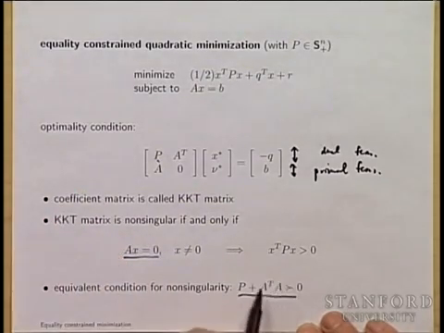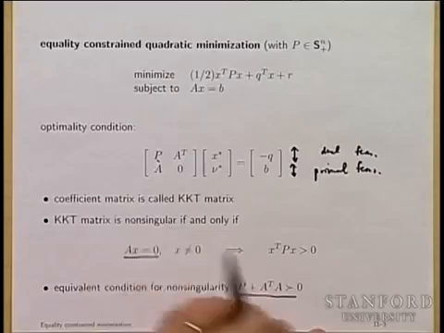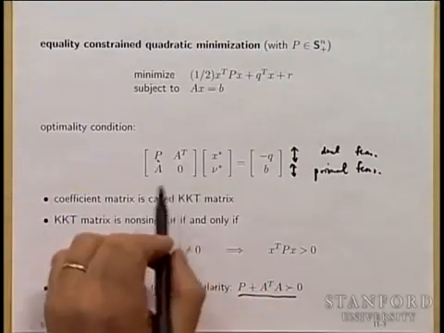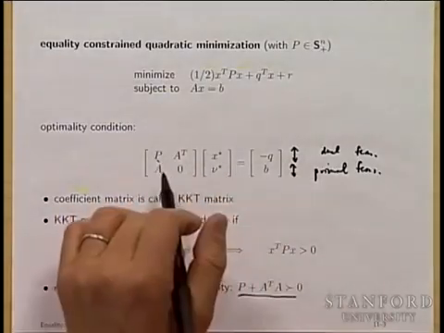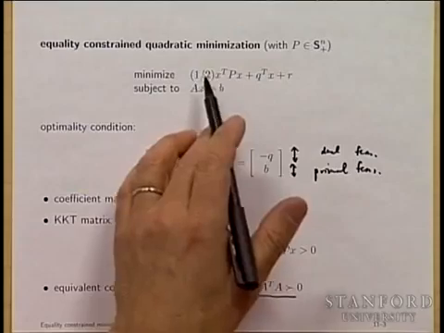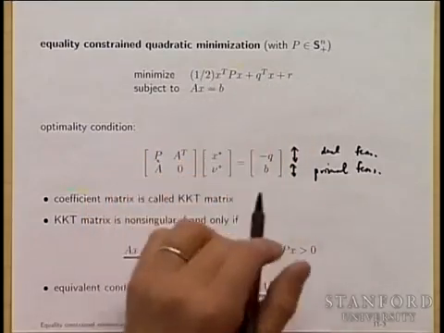The null space of this is exactly the null space of A. So what you need is for P to step in and be positive on the null space of A. I'm just reading this equation for you. That's why these are equivalent. Okay, so this is the so-called KKT system for minimizing a convex quadratic with equality constraints.